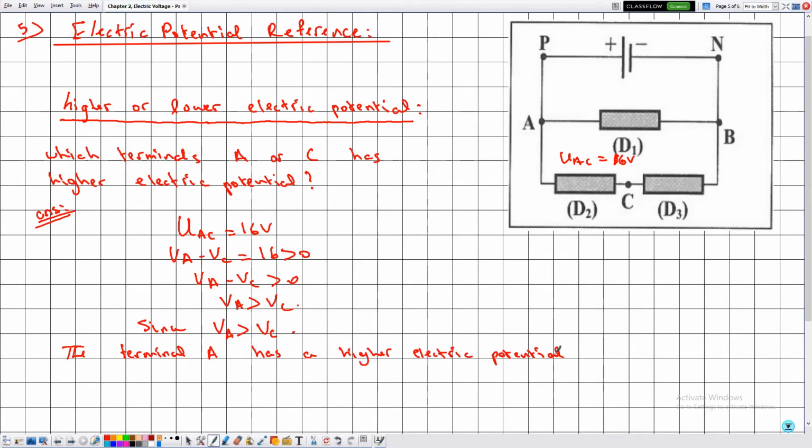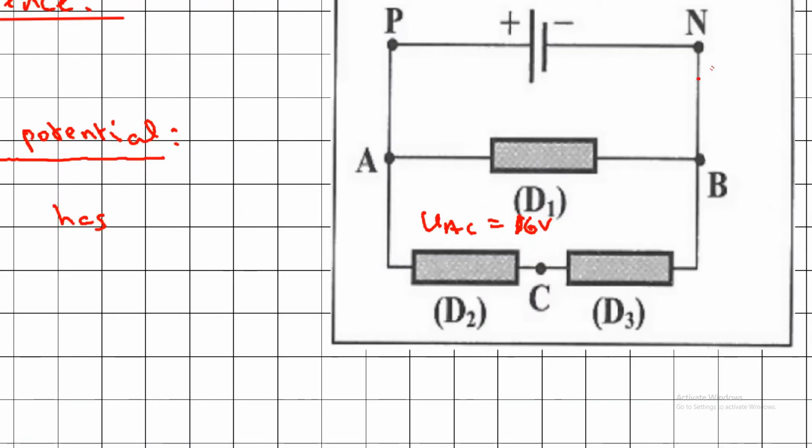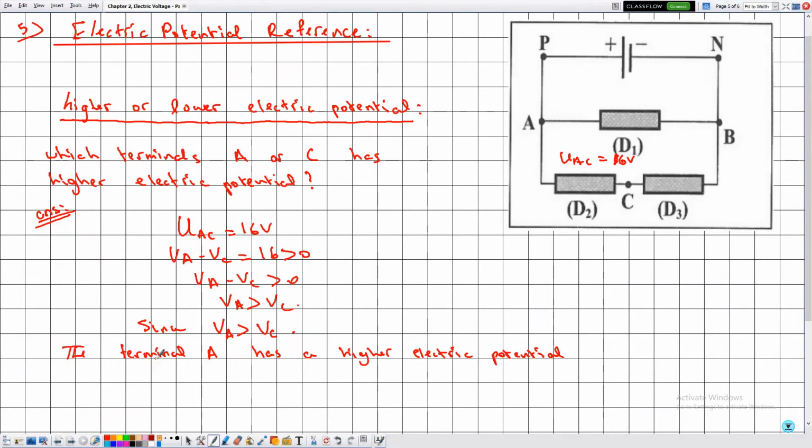But compared to which point? Compared to the point C. Because notice that we can compare the potential at A to the point P, to the point N, to the point B, to any other point, but here we are comparing the terminal A to the terminal C. So the terminal A has a higher electric potential compared to C.